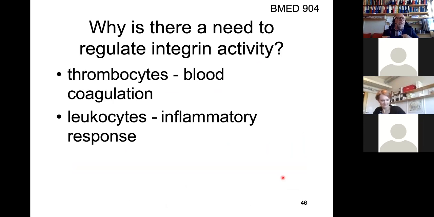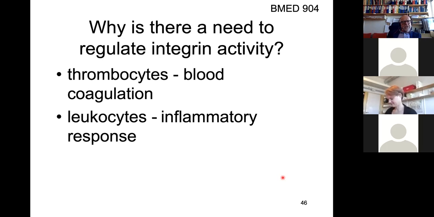So one can ask oneself, why is it important that integrin is activated? Wouldn't it be better for the cell just to produce an active integrin, and once it has done its function, it can be degraded and behave like normal membrane proteins that are produced, degraded, and so on?